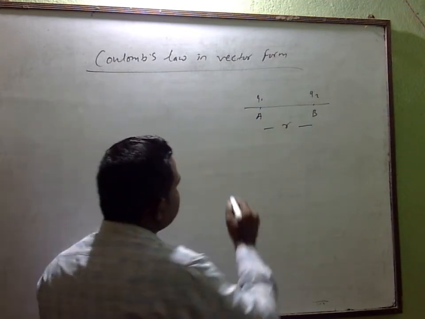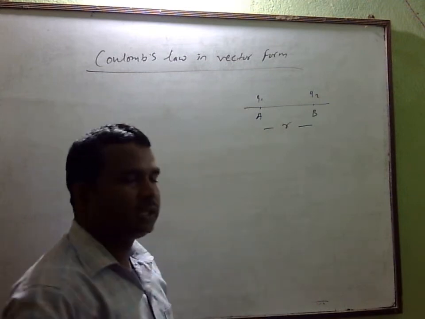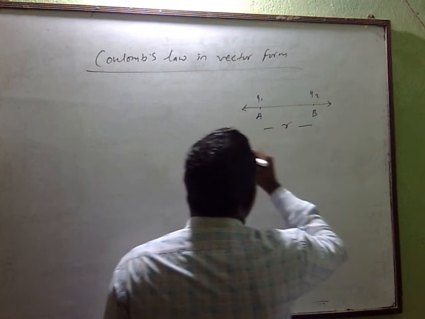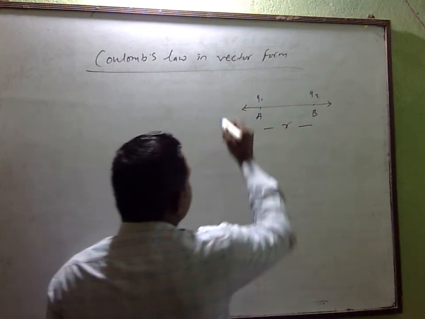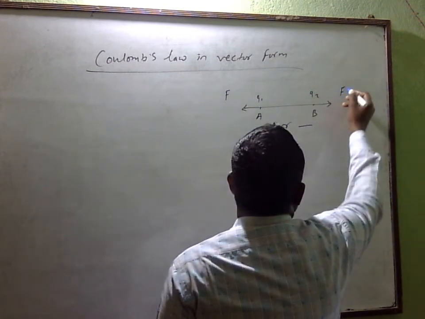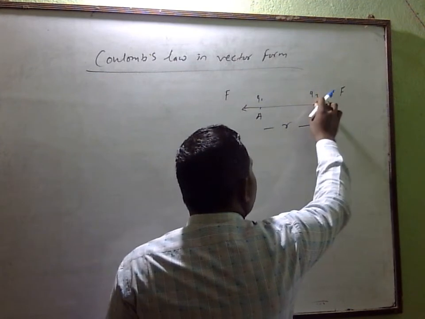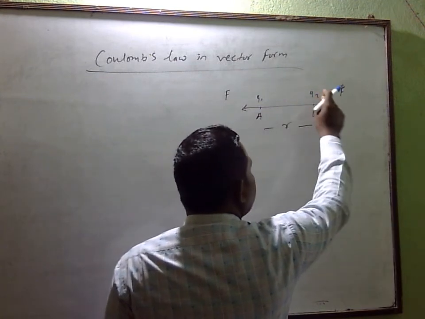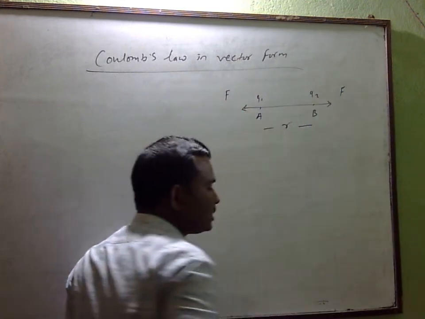Then definitely, if there are the same charges, they will repel. It will experience force. So here suppose F is the force, here will also be a force, due to charge Q1 at Q2, and here will also be experienced by these charges.